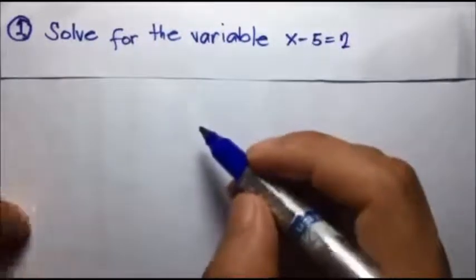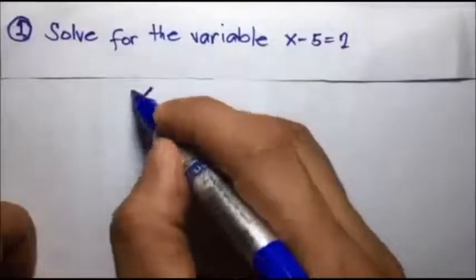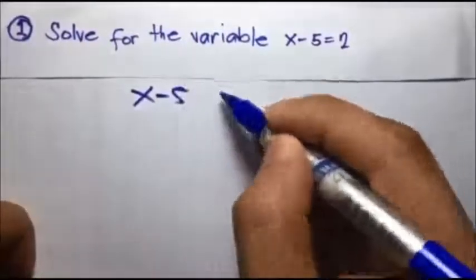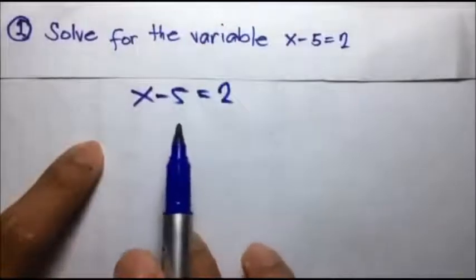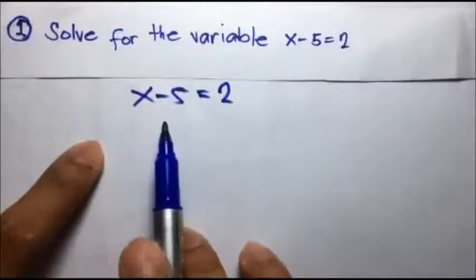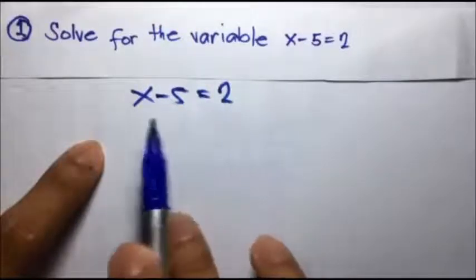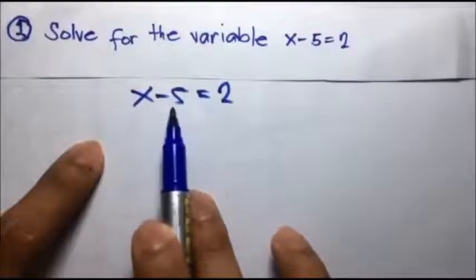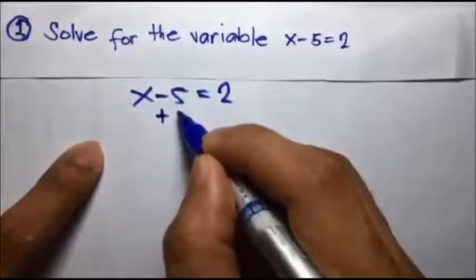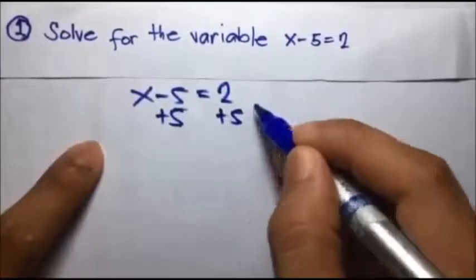So how do we use it? We have x - 5 = 2. We're going to add 5 to both sides to get rid of this negative 5. Plus 5 and plus 5.